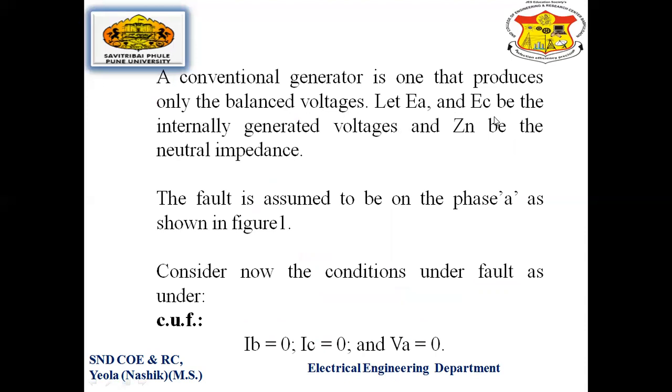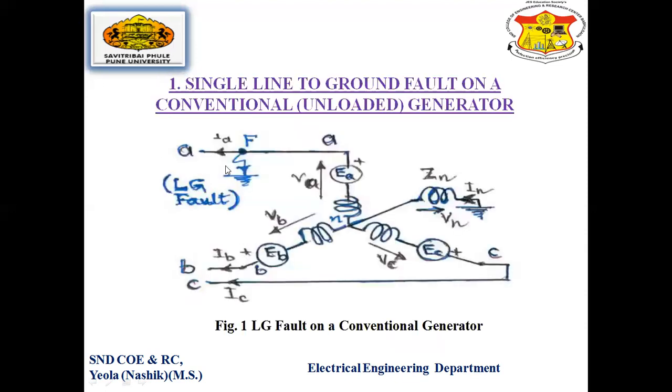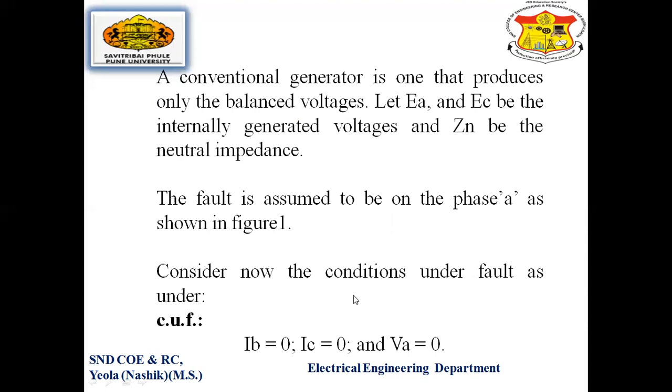Let EA, EB and EC be the internally generated voltages and Zn be the neutral impedance. The fault is assumed to be on phase A as shown in the figure. Consider now the conditions under the fault: IB equal to 0, IC equal to 0 and VA equal to 0.